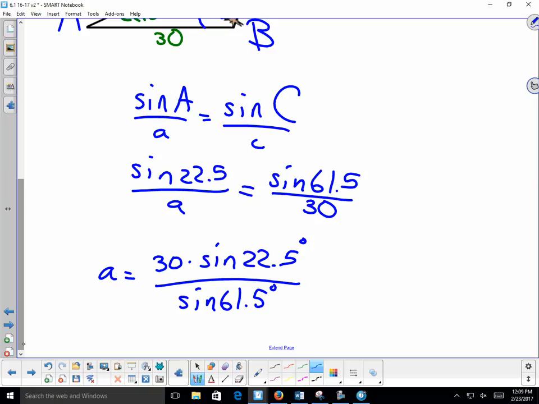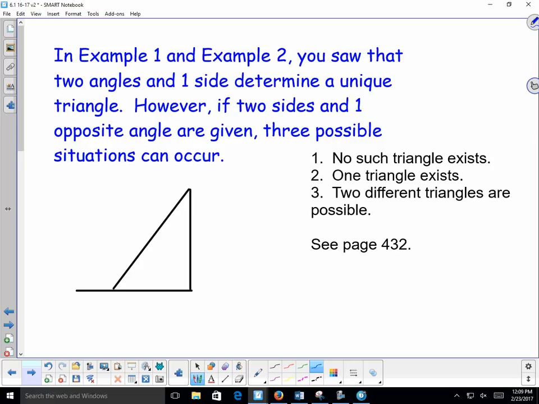All right, so that would be the height of the tree, 13.06, so it's about 13 feet, but of course it's at an angle. Are we okay with this? Now, in example 1 and example 2, you saw that 2 angles and 1 side determine a unique triangle, because I gave you 2 angles and 1 side, or you were able to find out 2 angles and the side.